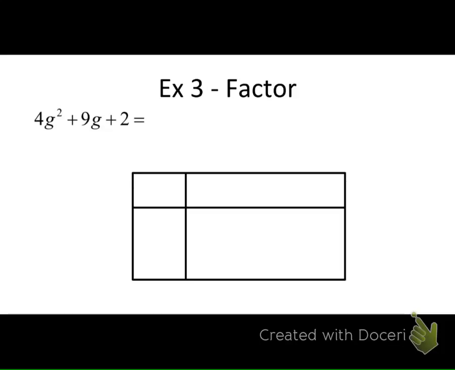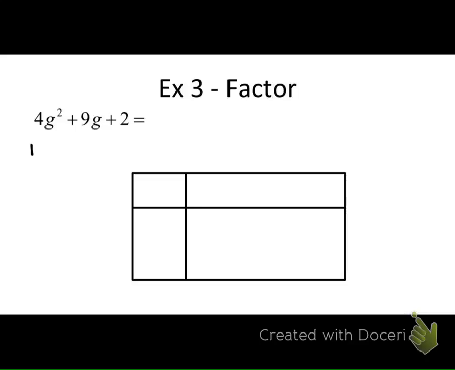Okay, this one's set up just a little bit different, but we're still looking for the same information. We're still looking for our height, and we're still looking for our width. So, first step is to find our M and our A. So what am I going to multiply for my M? 4 and 2.